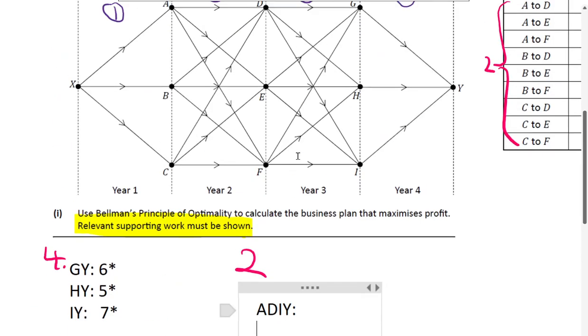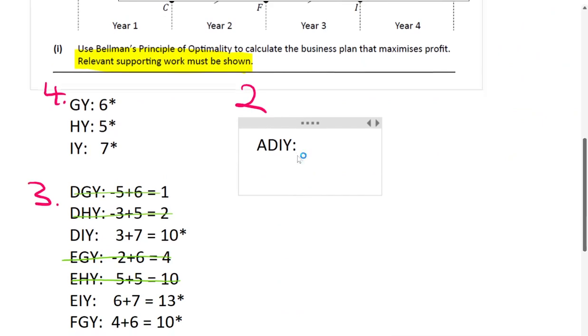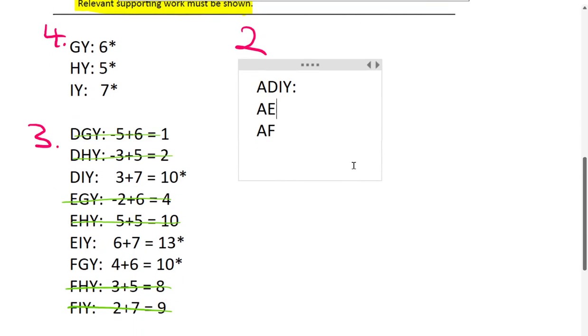Then A goes to E and then A goes to F. So if we find ourselves at E, it's EIY, and if we find ourselves at F, it's FGY, because these are the optimal paths here and here.